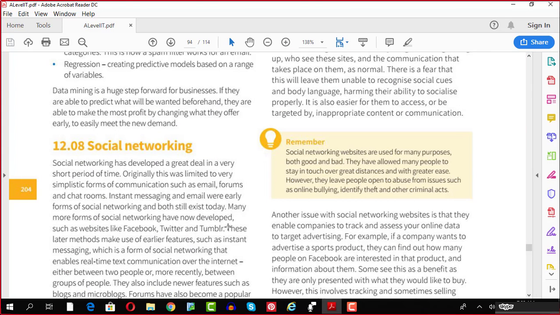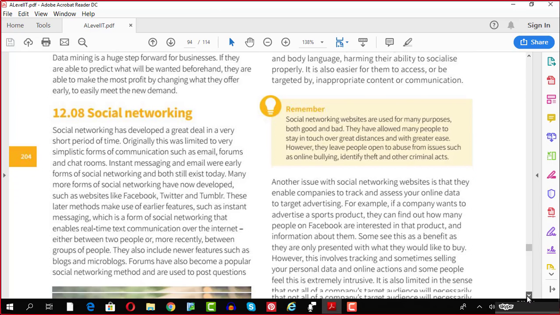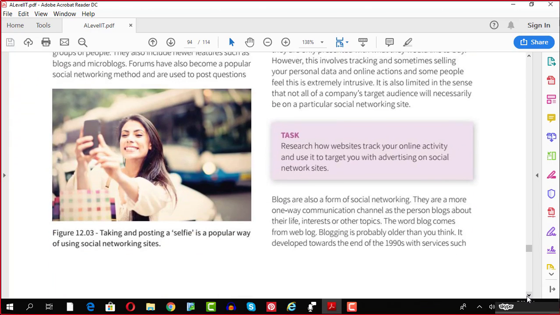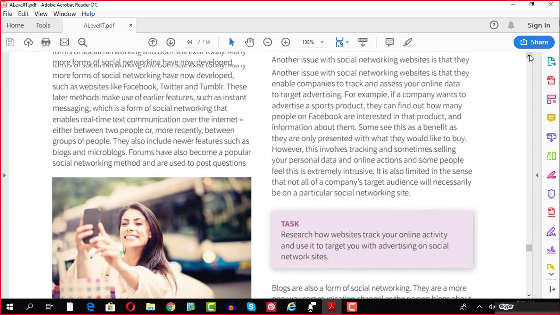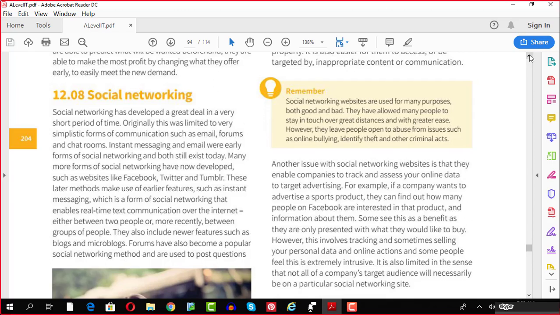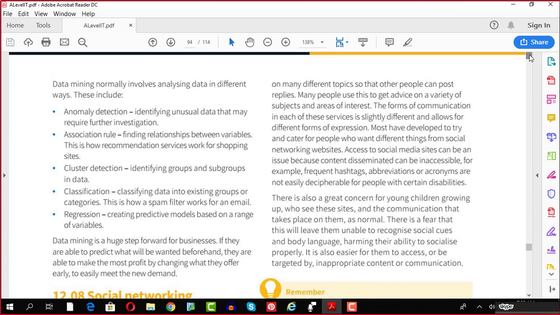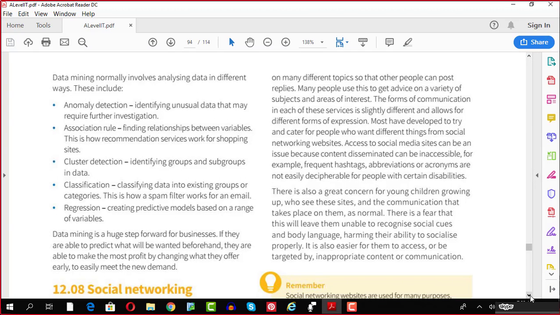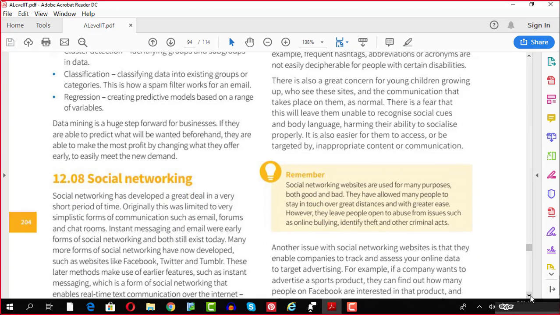Social networking. Well, nowadays this generation knows more than frankly I do what social networking is. I don't think I have to explain this in detail. I think you know it. What it is, benefits, what can you do, what advantage do you have, and stuff like that. Is it beneficial or not?